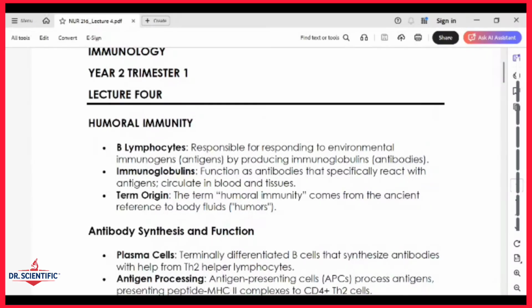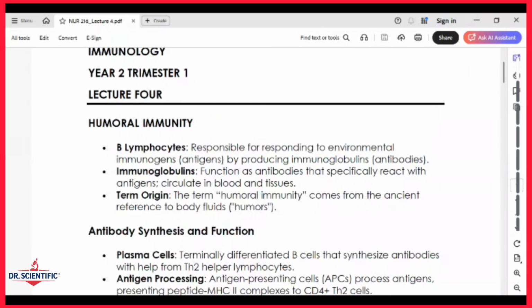Helper T cells. There's a specific subpopulation, if you remember. We said there are 4 subpopulations: Th1, Th2, Th17, and Tregs. Crispin would remind us.